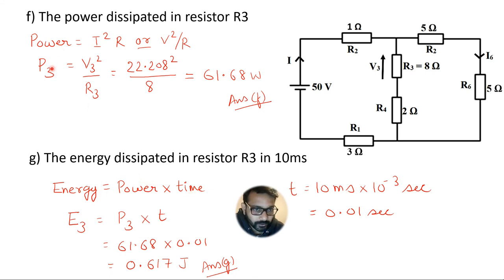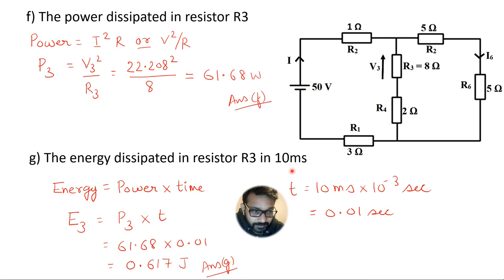We have to find the energy dissipated across R3, so we are going to use power P3 multiplied by time. P3 we have already calculated in the previous part. We just have to multiply it with time.